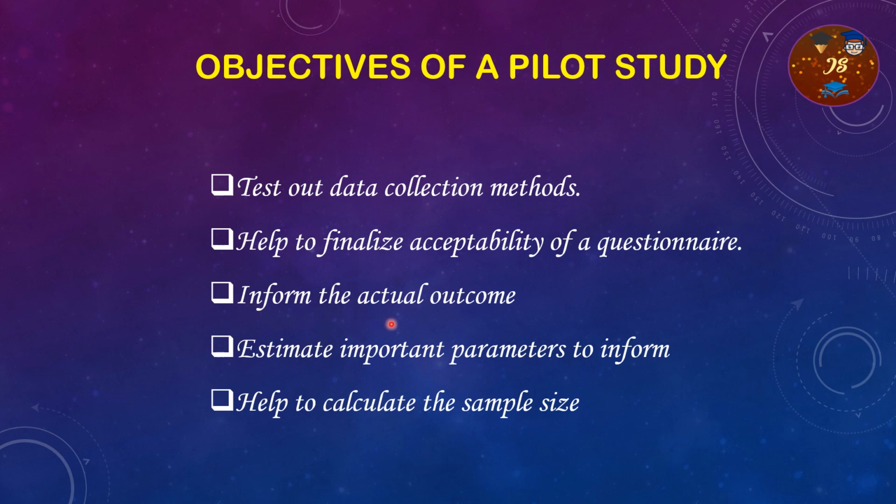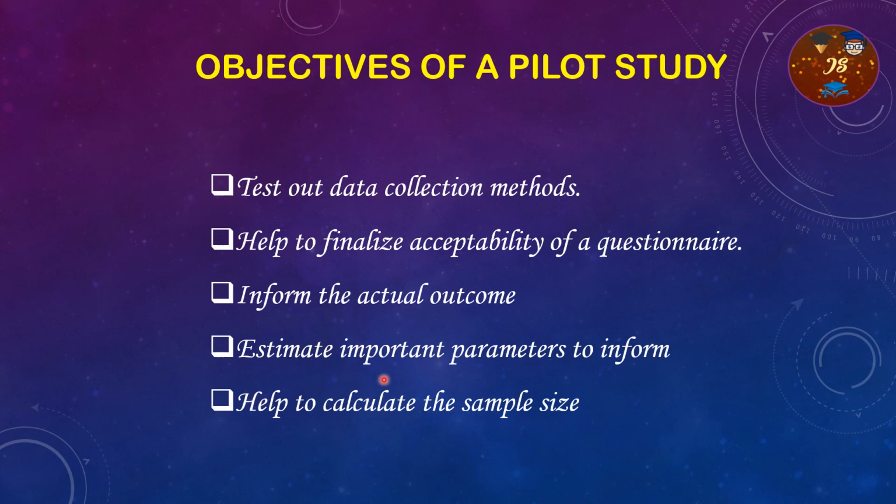Next, inform the actual outcome. So there is no question of thinking that this type of outcome may be achieved, or this population may behave like that, or this type of problems can come in the final research. What type of outcome will come in the final research work can at least be anticipated from the pilot study.